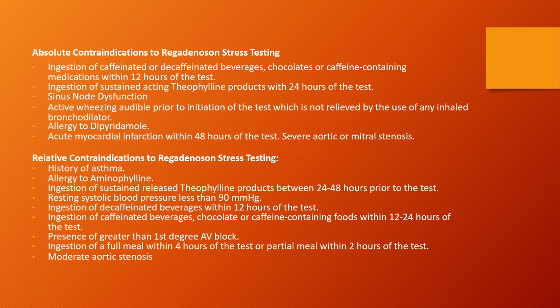So the absolute contraindications for regadenoson stress testing are ingestion of caffeinated or decaffeinated beverages, chocolates, or caffeine-containing medications within 12 hours of the test, ingestion of sustained acting theophylline products within 24 hours, sinus node dysfunction, active wheezing audible prior to initiation of the test that's not relieved by the use of their inhaler, allergy to dipyridamole, or acute myocardial infarction within 48 hours of the test, and severe aortic or mitral stenosis.